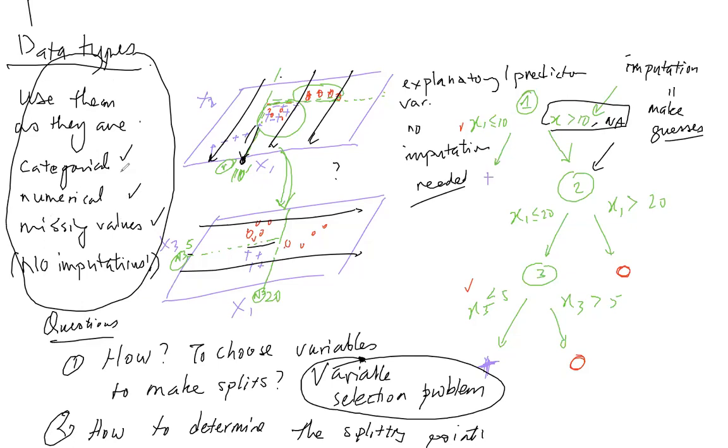Okay, and it just handles numerical and categorical variables as they are. If you use a neural network, right, and you happen to have a lot of categorical variables, then you have to first transform the categorical variables into something using the log of odds ratio, to convert categorical values to some kind of numerical value.